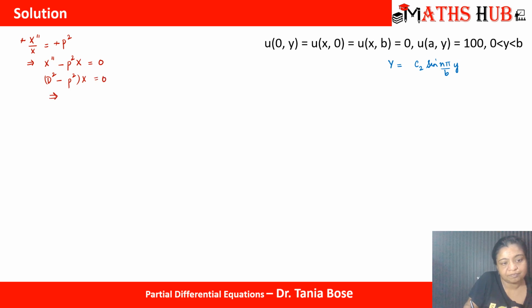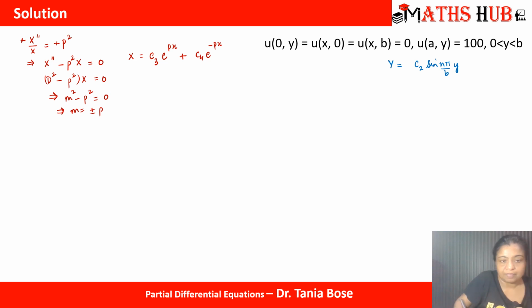That implies the auxiliary equation is D square minus p square is equal to 0, or the algebraic expression is m square minus p square is equal to 0. So from here, the roots of this equation are m is equal to plus minus p. So what is x? x turns out to be C1, C2 I've already used, so I will use C3 e raised to power px plus C4 e raised to power minus px.